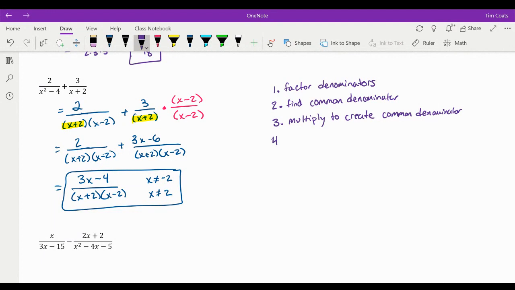Once we do that, step 4, we expand the numerator. Step 5, we add numerators, add or subtract. And then in step 6, factor the numerator. In step 7, simplify.